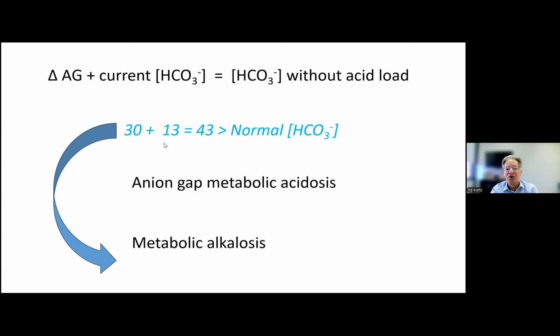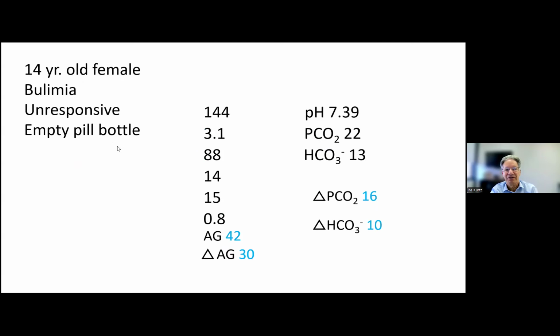But if you end up with a number greater than 23 or 24, then in the absence of the anion gap metabolic acidosis, you have something else going on. So we have to account for why the bicarb is this high. No reason to expect chronic respiratory acidosis given the clinical scenario here, and especially since the patient can hyperventilate down to 22.